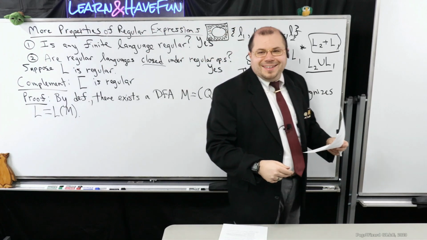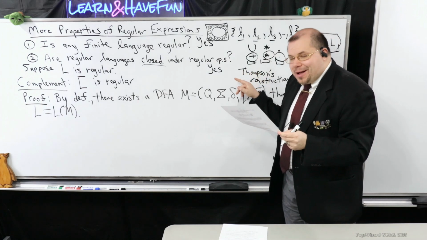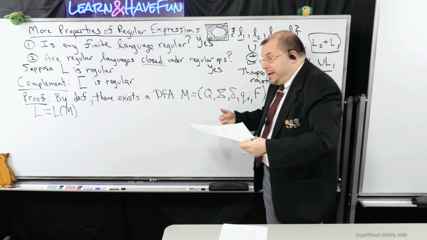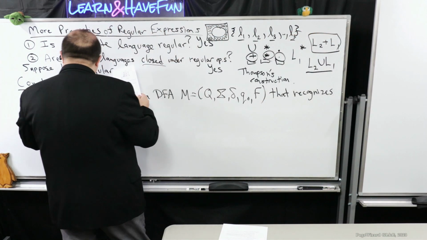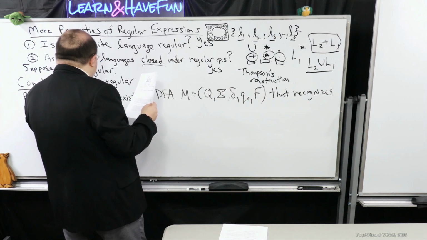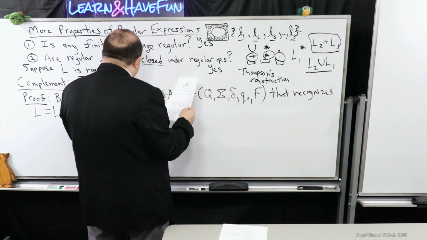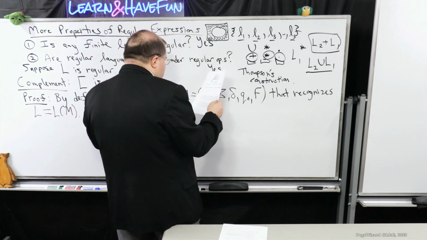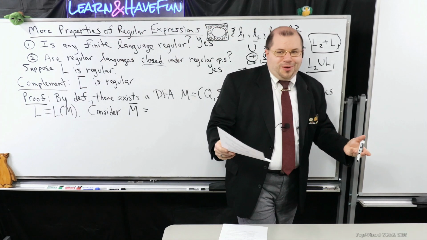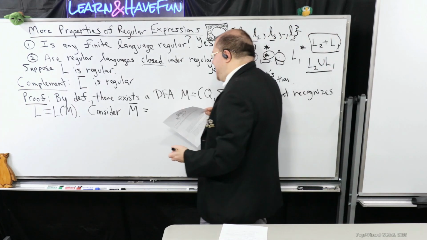Now I'm going to show you how to create another DFA. Consider M bar. That's its name; I could have called it Bob for all I care, it's just a name.